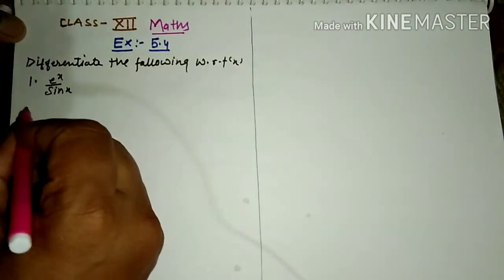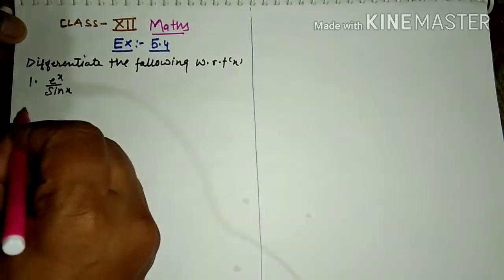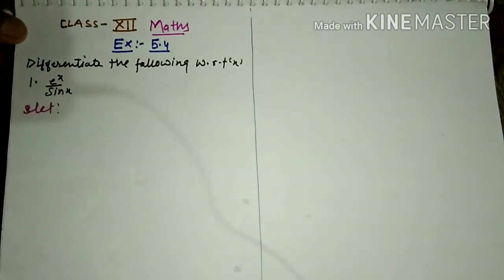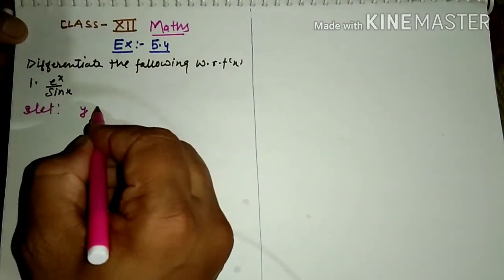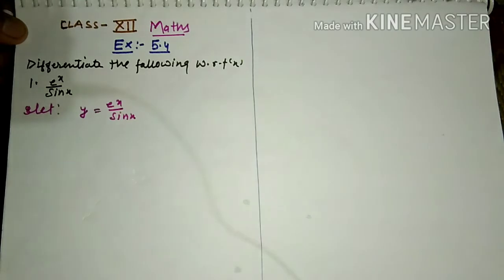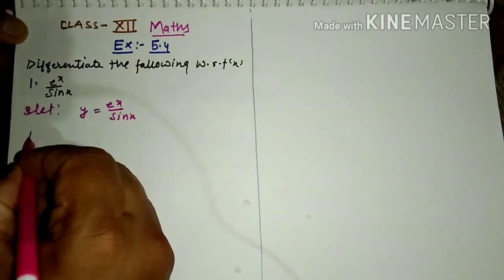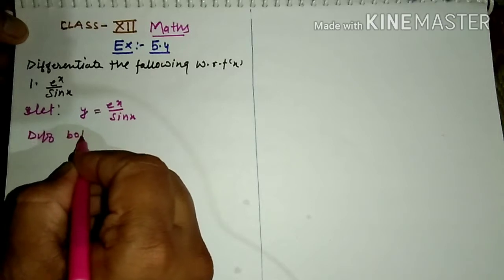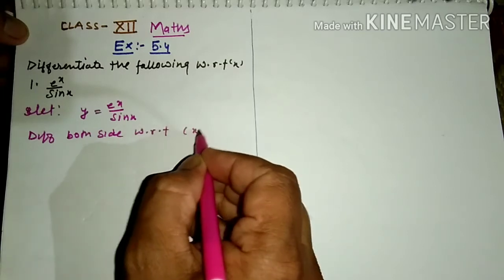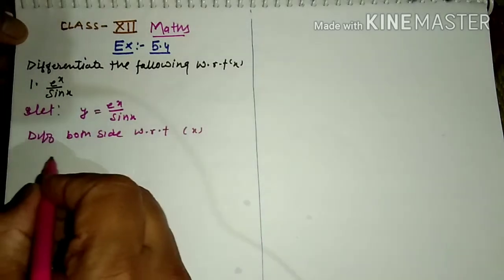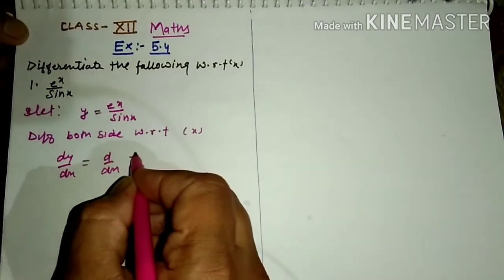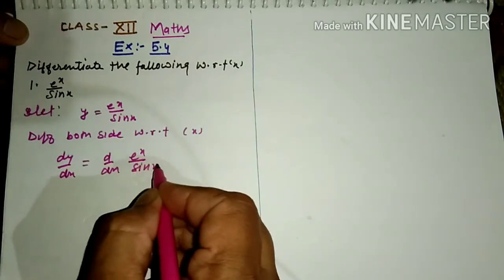In the solution, first of all we let y is equal to e to the power x upon sin x. Now differentiating both sides with respect to x, we get dy upon dx is equal to d upon dx of e to the power x upon sin x.